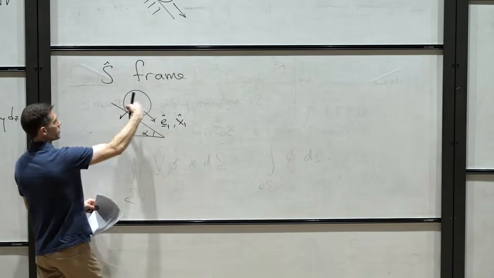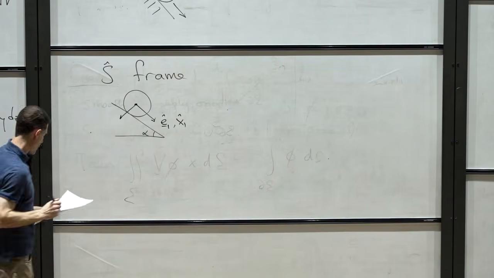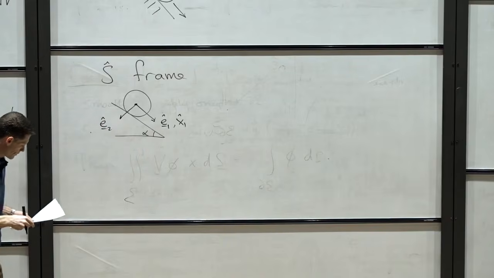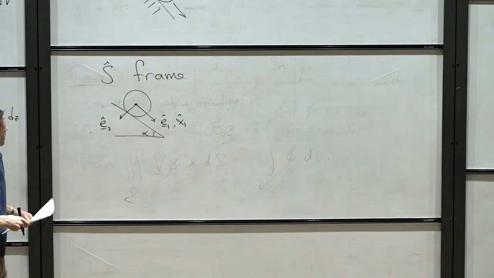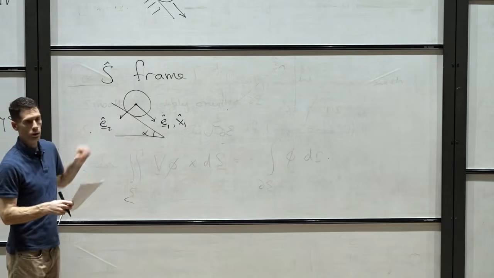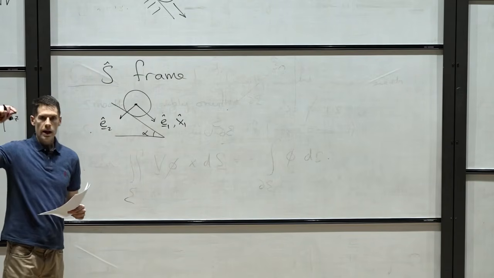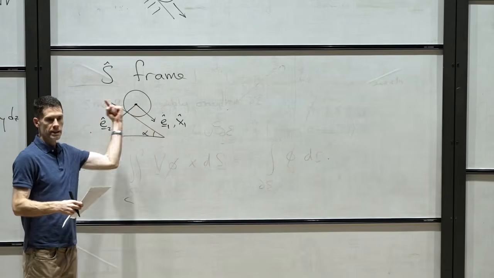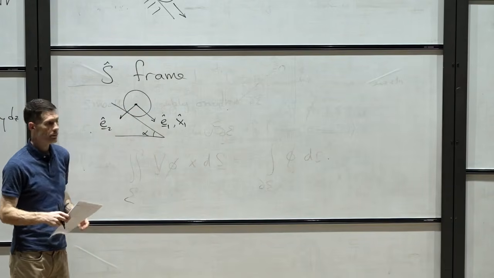And we'll call the direction pointing towards the ground the E2 hat direction. What I'm really doing is putting my origin at the center of mass, right? However far the thing extends in or out of the board, I'm putting it at the middle.